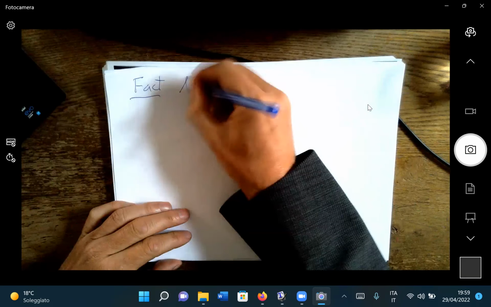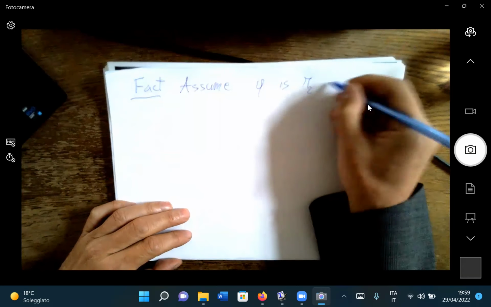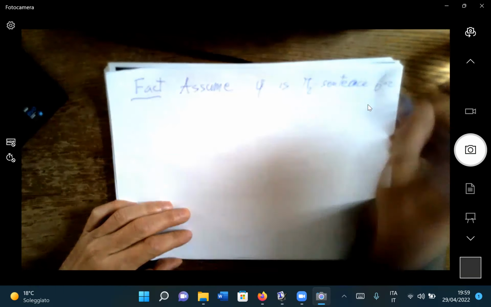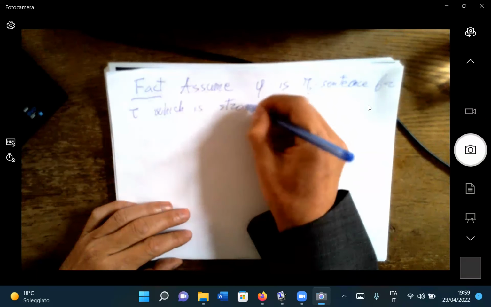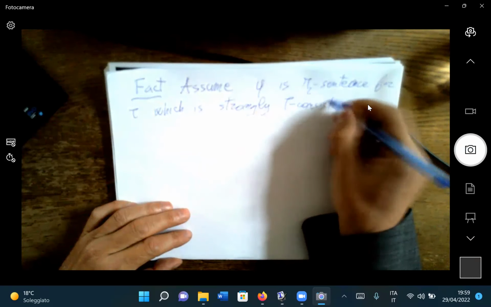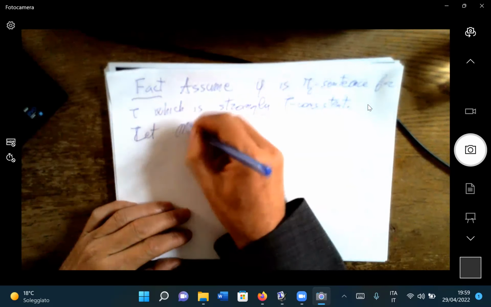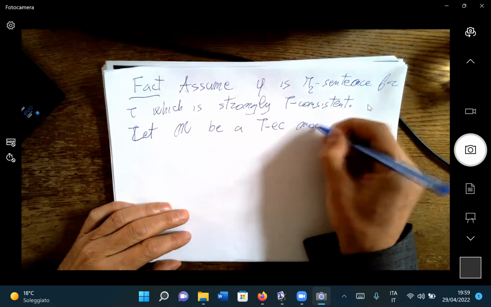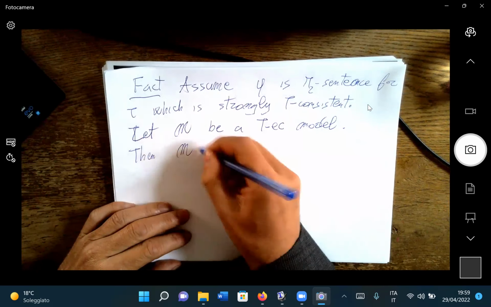Fact: assume C is a pi2 sentence for tau, which is strongly T-consistent, then let M be a TEC model, then M models C.